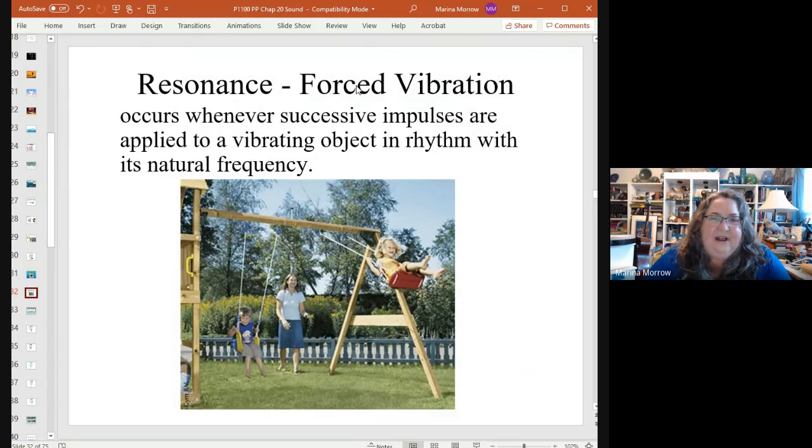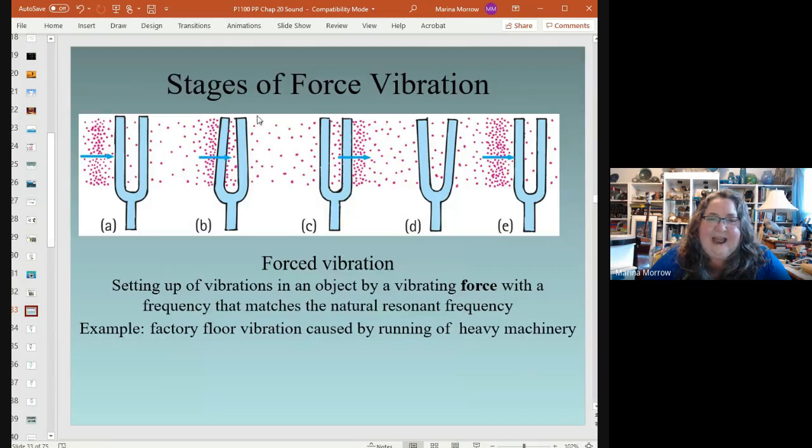And that's called a forced vibration, when successive impulses are being applied to the vibrating object in rhythm with its natural frequency. So this can actually happen with a tuning fork, where you can have another tuning fork off to the side here, sending out pulses.